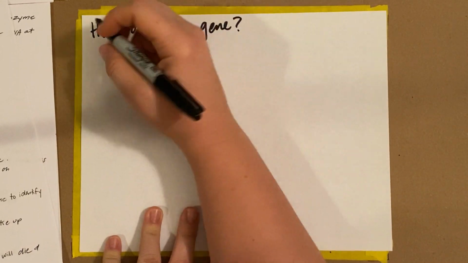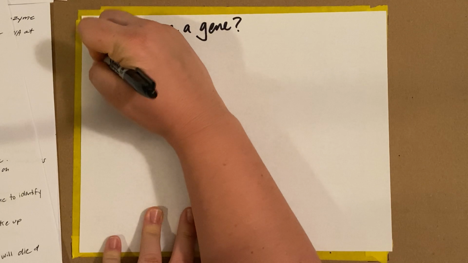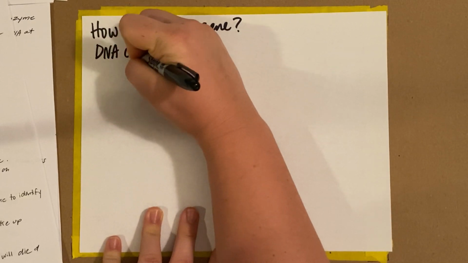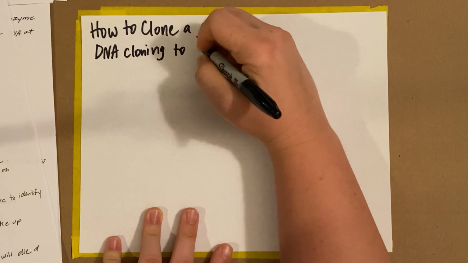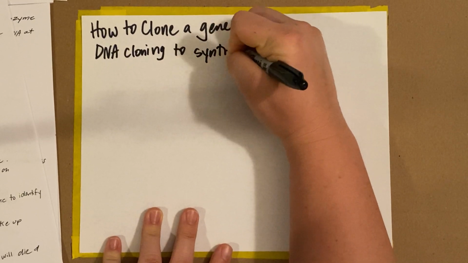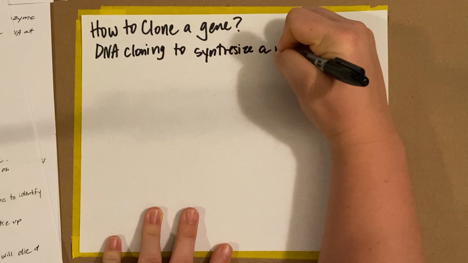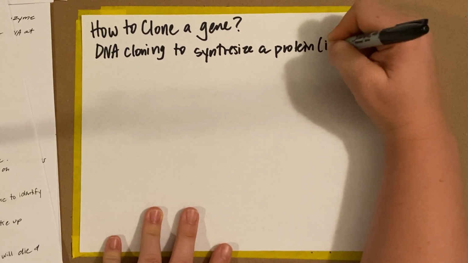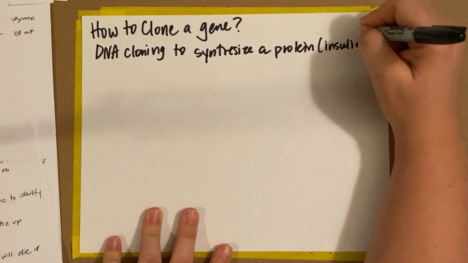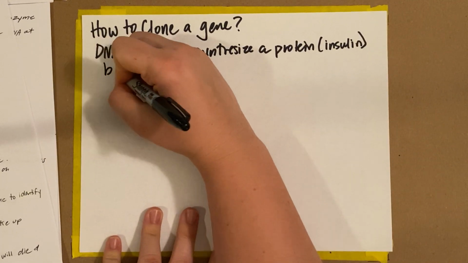All right, so the example we're going to talk about is going to be DNA cloning to synthesize a protein. And this protein specifically is going to be insulin. Okay, and this is going to happen in bacteria.